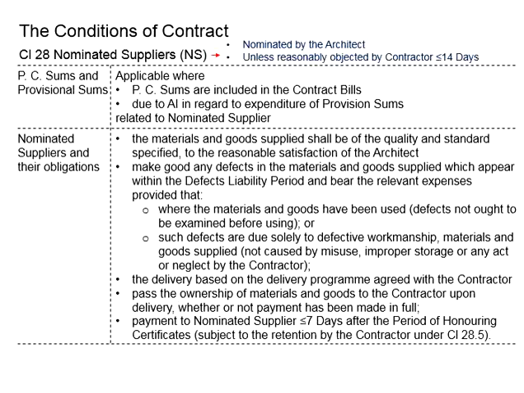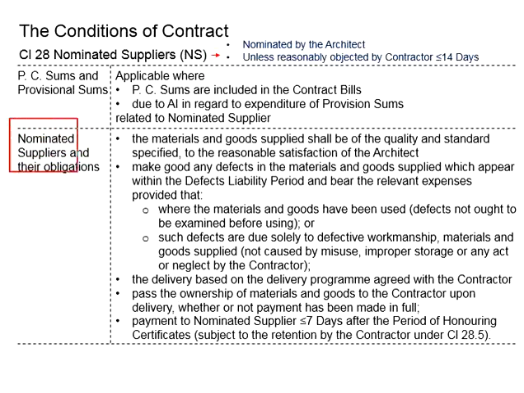Under these circumstances, the defects are not really due to poor quality of the materials and goods. They are in fact due to improper handling by the contractor or poor workmanship. In this case, the nominated supplier is not liable.